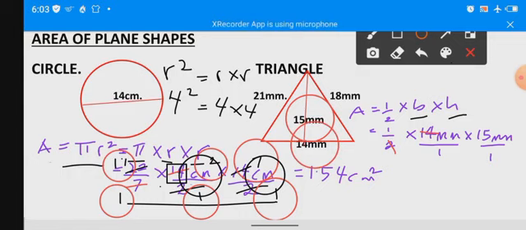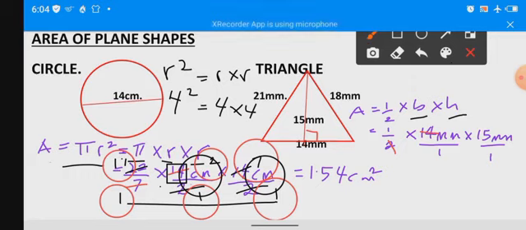This 14 millimeters is the base. This 15 millimeters is the height, how high the triangle is from the base. The base and the height are perpendicular, that is, at 90 degrees to each other.